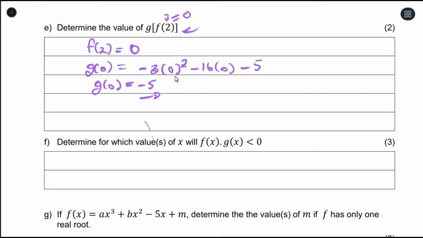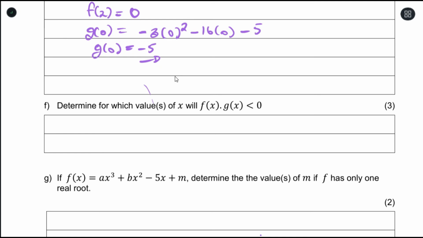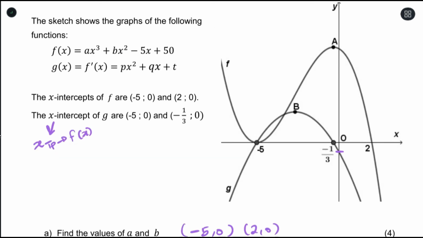Okay. And for F, it asks us this. It says determine for which values of x f(x) times g(x) would be less than 0. Whenever you have a question like this, where they're asking where the product of two equations would be less than 0, what you need to look for is where one graph is above the x-axis and the other graph is below the x-axis at the same time. Look at f. f is above the x-axis from negative infinity, and it's still above the x-axis there.